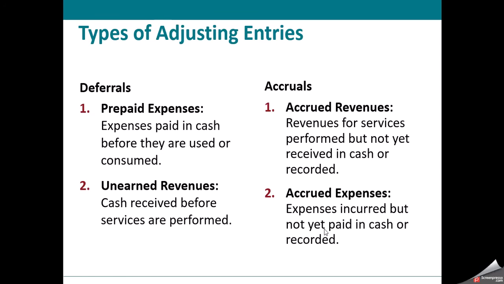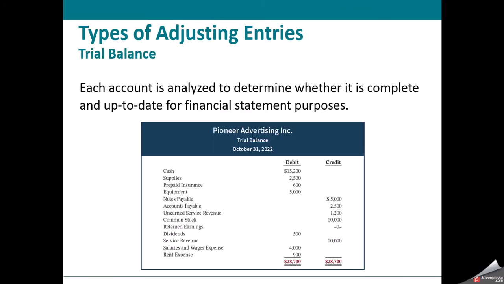Same with the expenses. We know we've incurred an expense, but we haven't gotten an invoice from our vendor. So we know we've gotten goods in, we've checked them in, we see them, our supplies are sitting there, but there's no invoice. So then we're going to want to do an adjusting entry that debits the supplies and credits the accounts payable, even if we don't have the invoice yet.